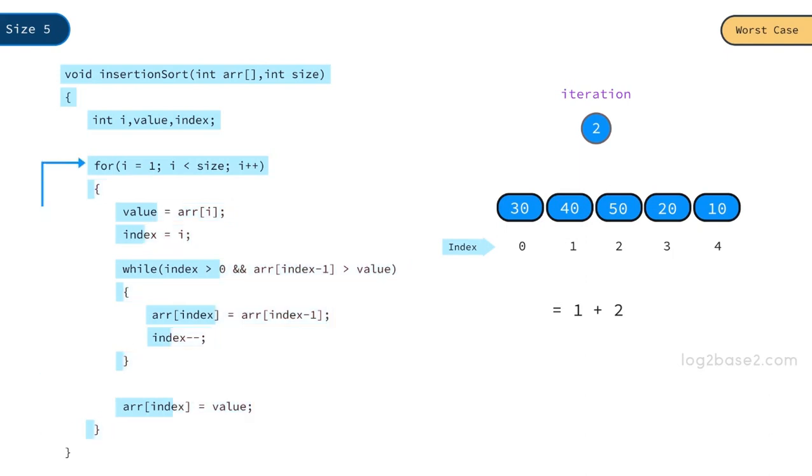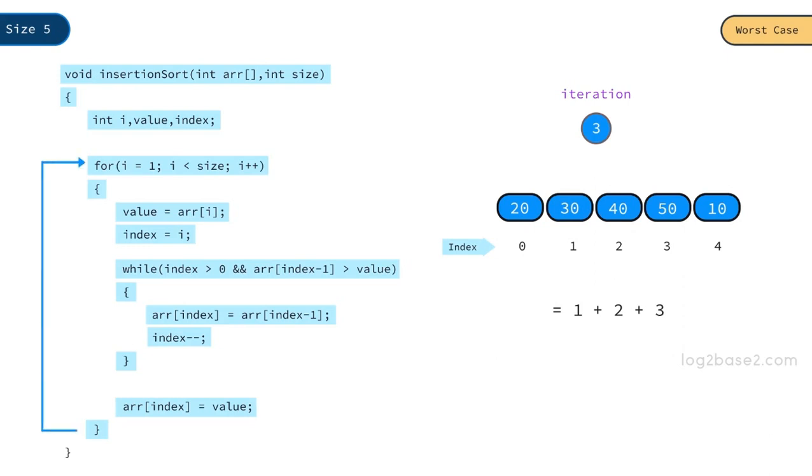Similarly, when i equals 3, the while condition is true three times and fails in the fourth check when i becomes 0. So in the third iteration of the outer for loop, the inner loop statement executed 3 times.